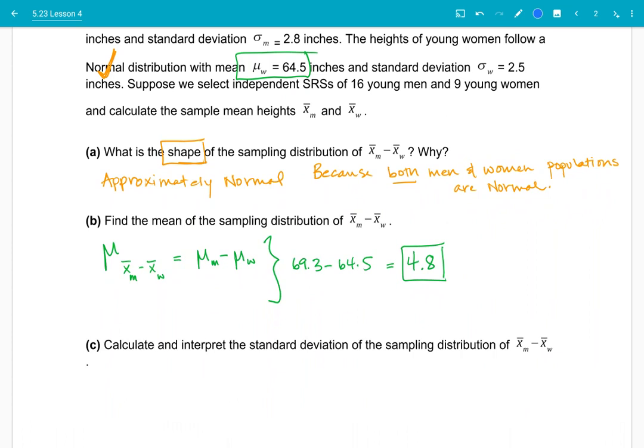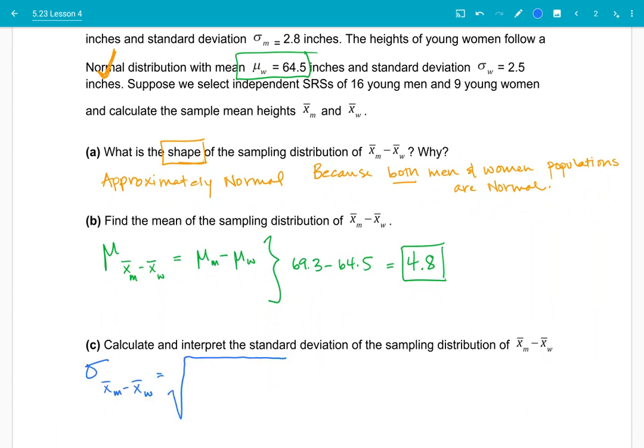Remember our notation first. So the standard deviation of our sampling distribution of men minus women, I put Y. All these letters are throwing me off. Looks like this. And in terms of what the formula looks like, we wrote it up above in red, but I'll write it again here.